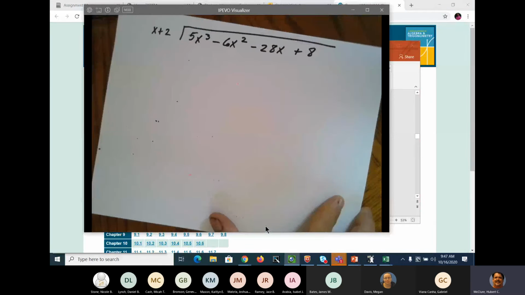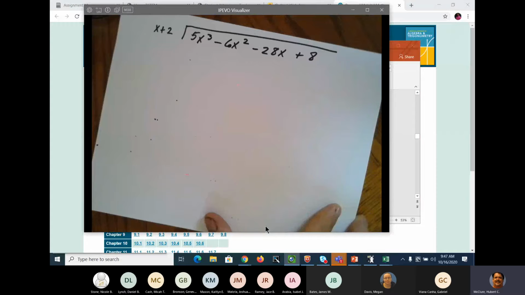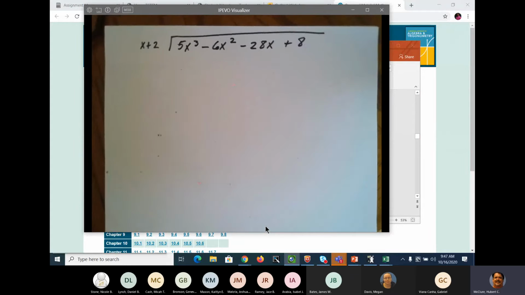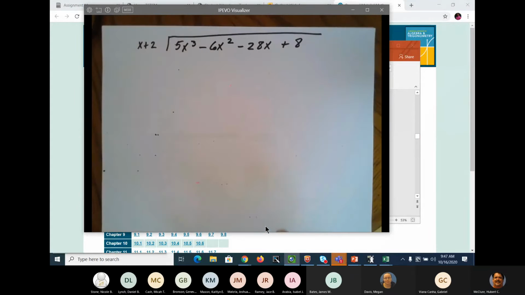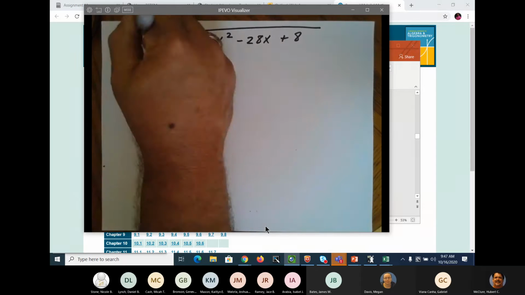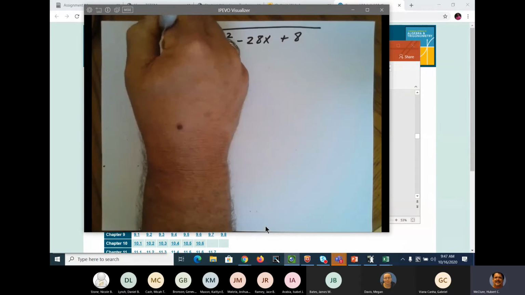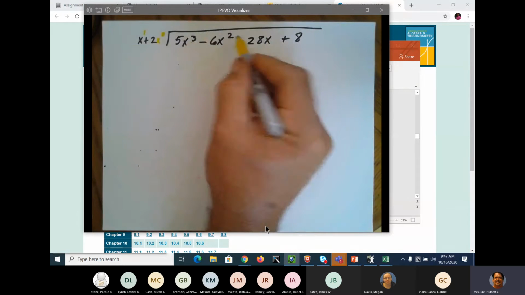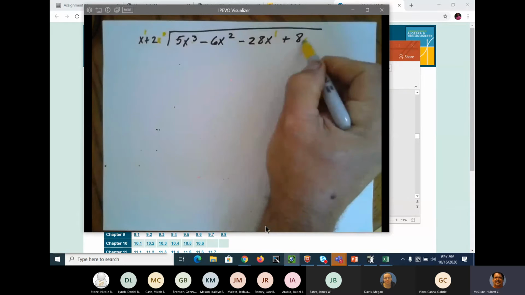I need to turn my camera because I got it the way I want it. Now I'm going to go through and check everything. I've got an x to the first and an x to the 0. 3, 2, 1, 0.